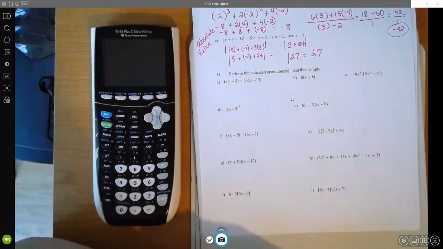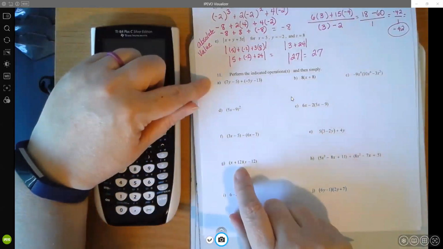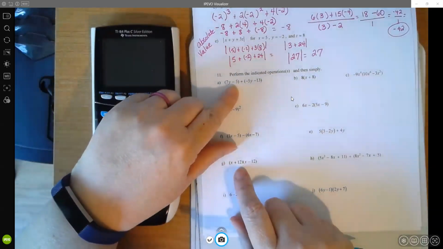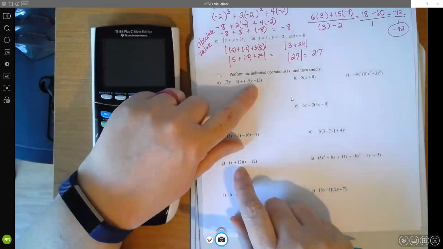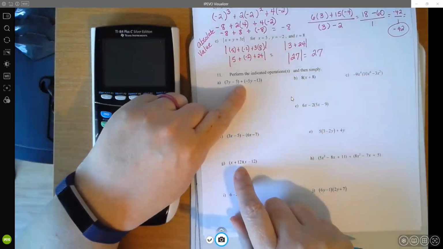So as we look at these, let's be very careful at noticing some of the differences. Let's look at A versus G. In A, we have a binomial, 2 terms. Then we have 2 terms, but in between them is the addition sign.